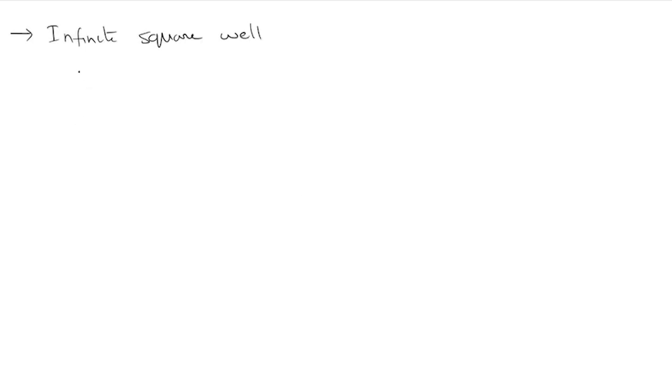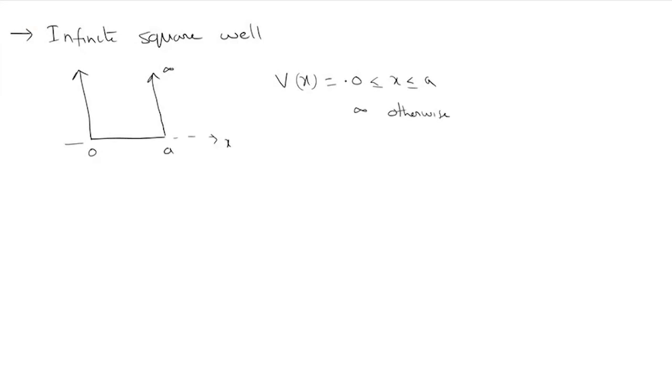You have the x-axis here, and the potential goes to infinity. V of x is 0 when x is between 0 and a, and otherwise infinity. You will have this kind of description.